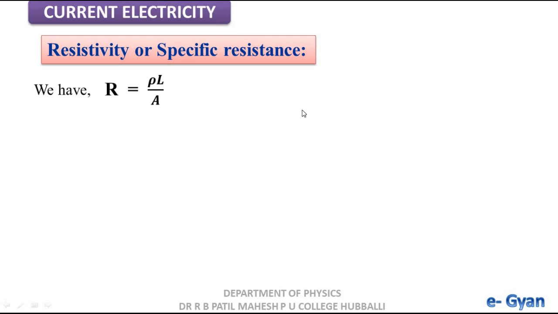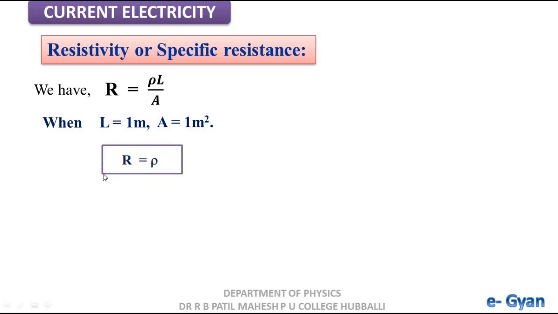We have R equal to rho into L divided by A, where L is length of the conductor, A is area of the conductor, R is resistance, and rho is specific resistance. If length of the conductor is equal to 1 meter and area of cross section is equal to 1 meter square, then the resistance of the conductor is equal to resistivity of the conductor.